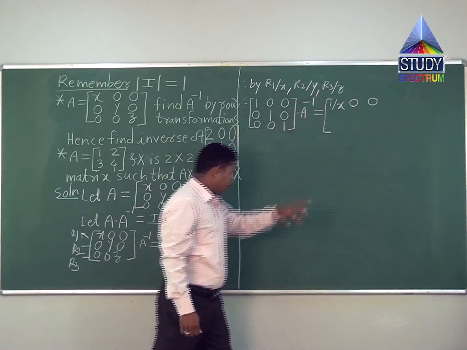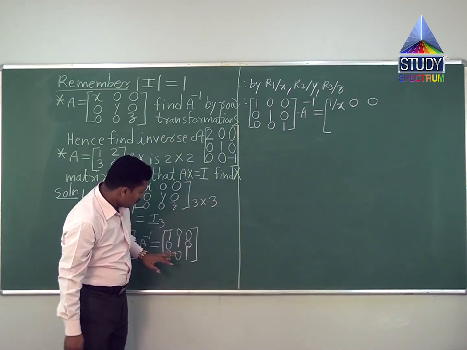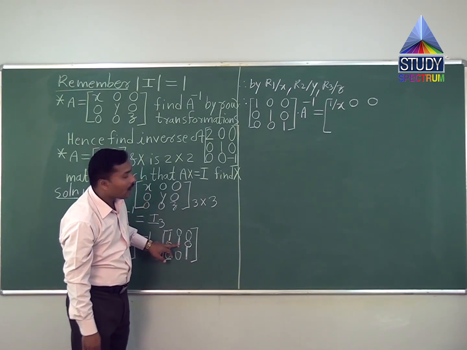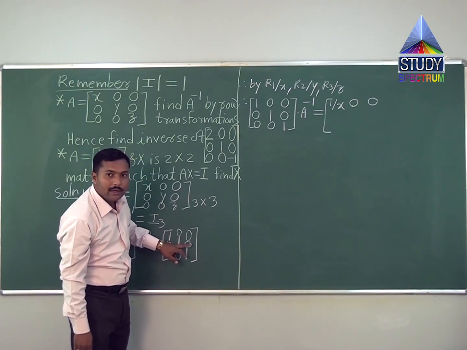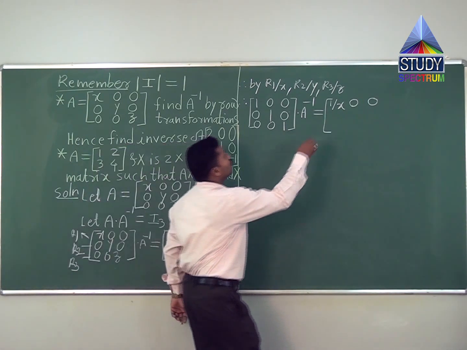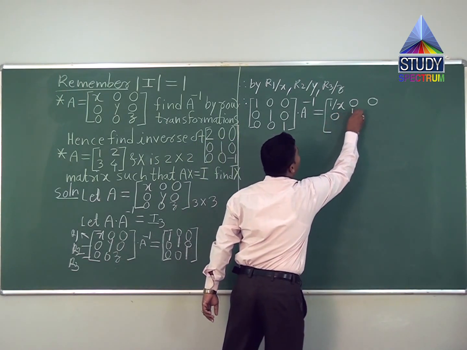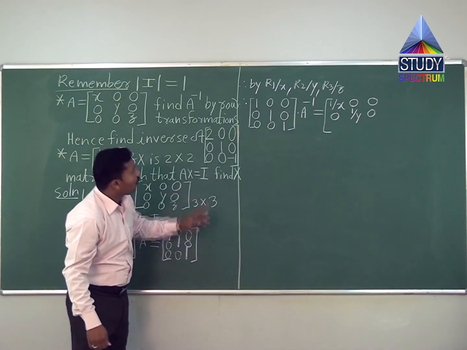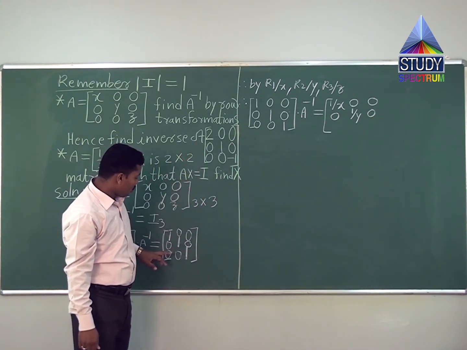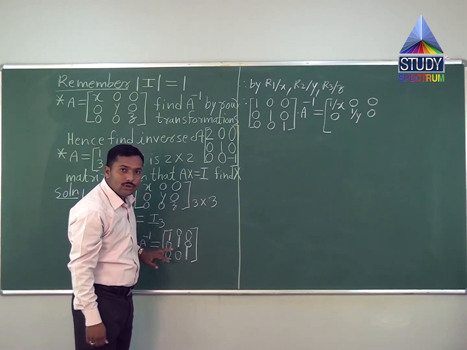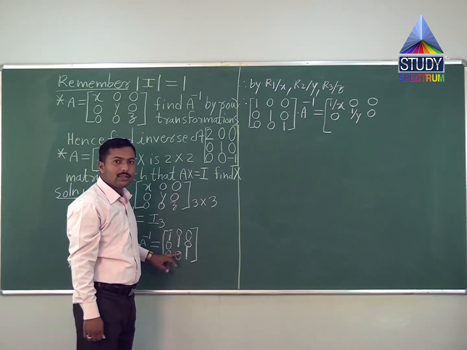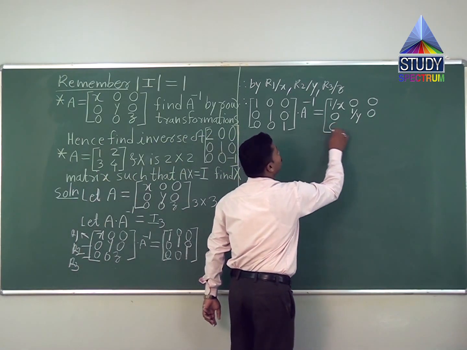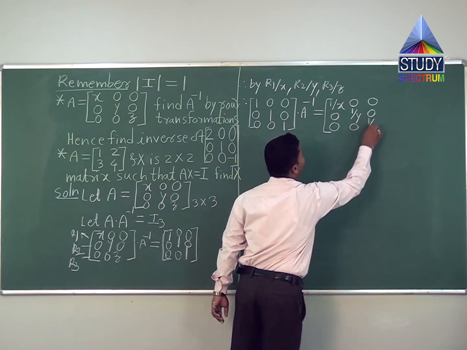R2 divided by y: second row divided by y, 0 upon y is 0, 1 upon y as it is, and 0 upon y is 0. Last, third row R3 divided by z: 0 upon z is 0, again 0, and 1 upon z as it is.